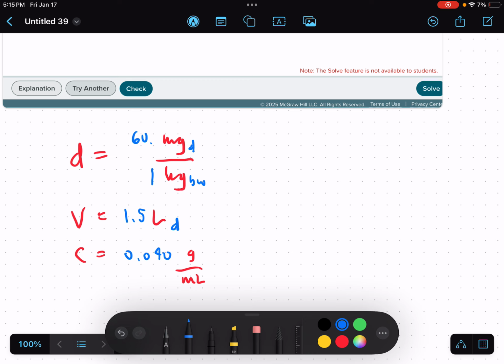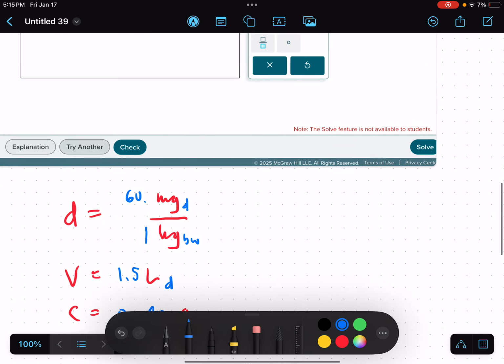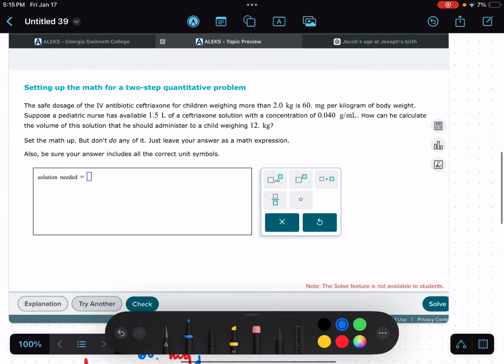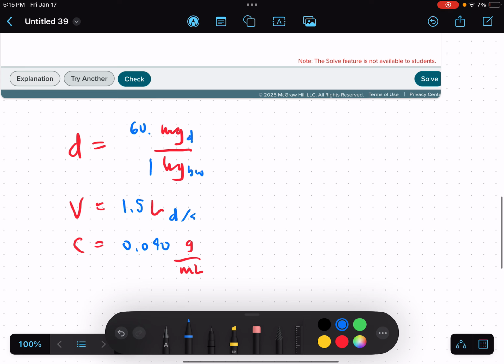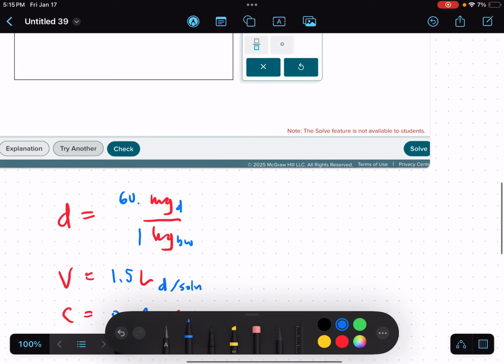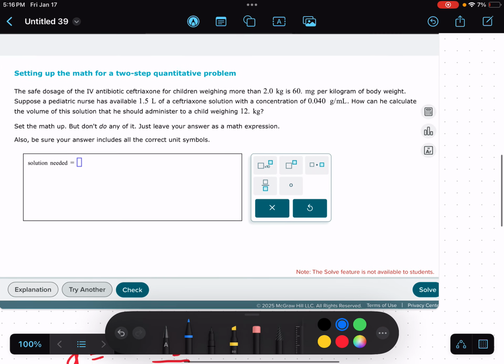Let's put the drug, and let's come over here and say this is the solution, right? And this is grams of drug inside the solution, right? This is really important. My labeling, what I'm doing right now is really critical.